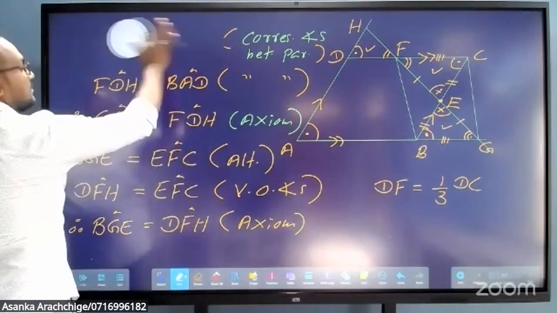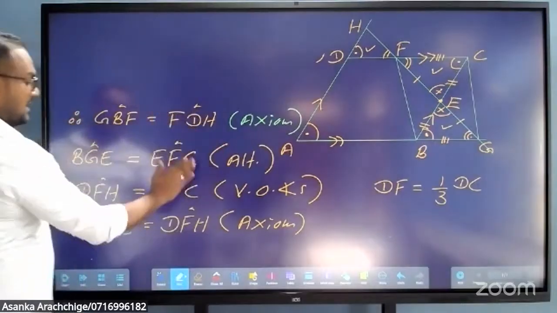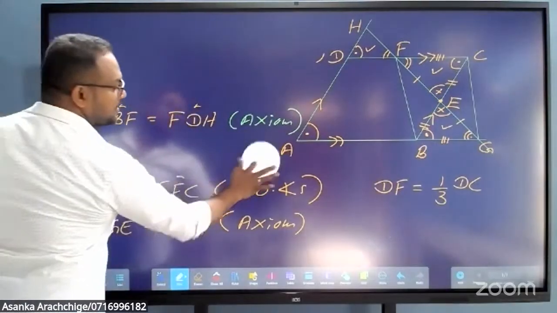Right. Now write the steps like this. Then we have steps here.